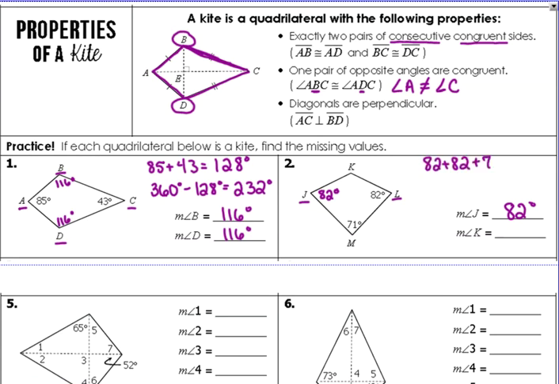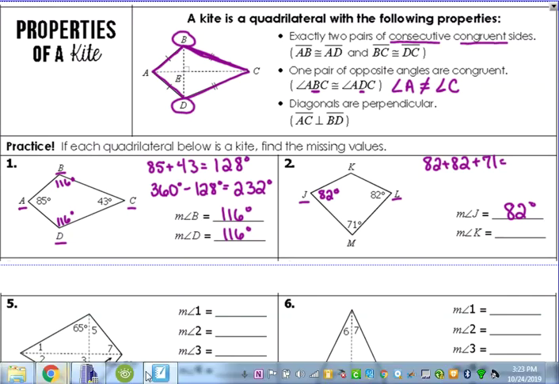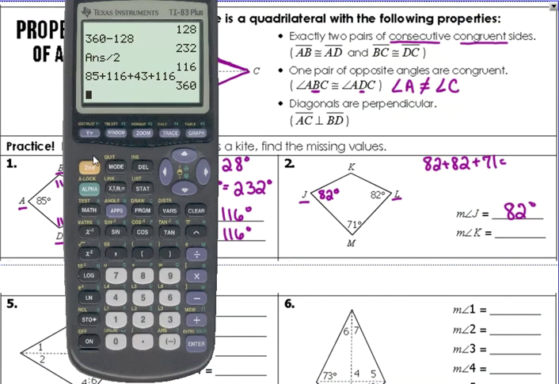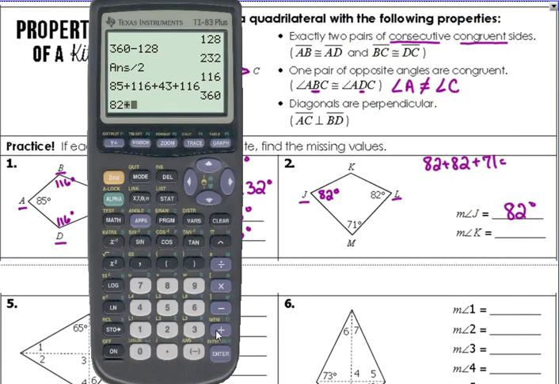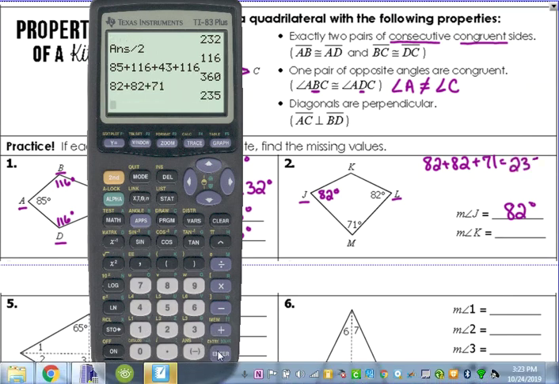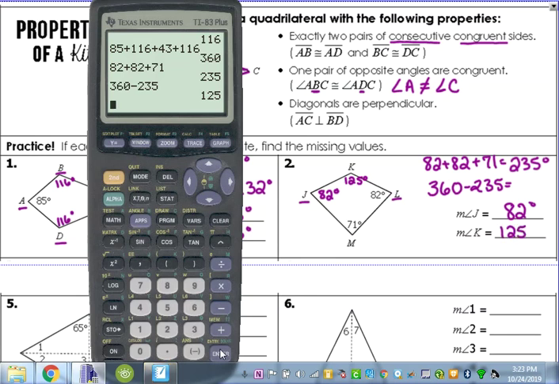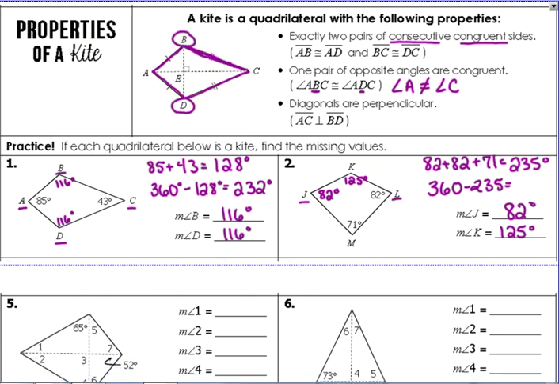So 82 plus 82 plus 71. Right now we're using up 235 degrees. So that means that we have 360 minus 235, 125 degrees remaining for angle K.